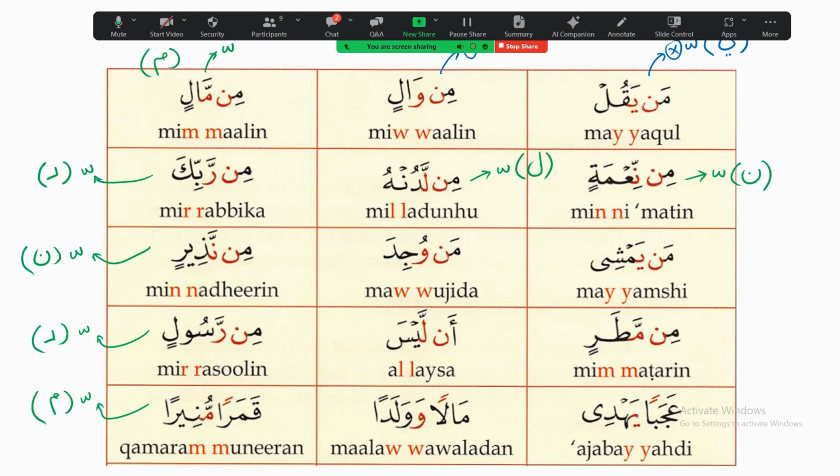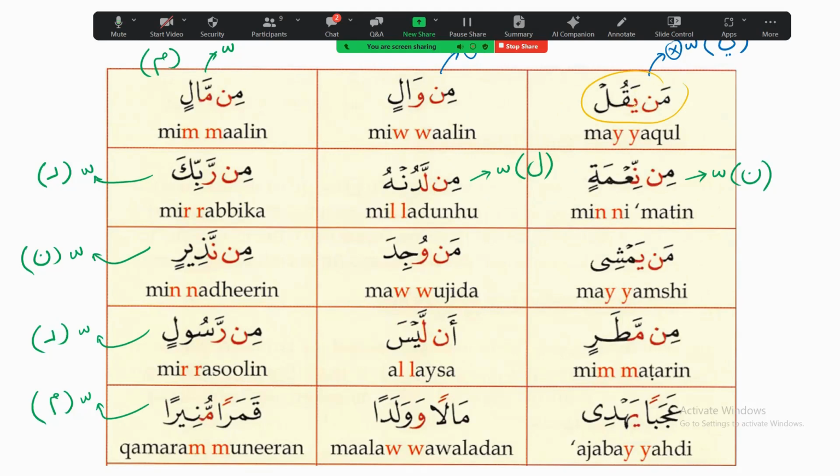We have already discussed the first word here, right? May yaqul. In this example, you see a noon sakin, and after noon sakin, you see a letter ya. So ya is from the six letters of idgham. But looking for the type of idgham, this is the second rule that we have discussed, which is idgham with gunna.